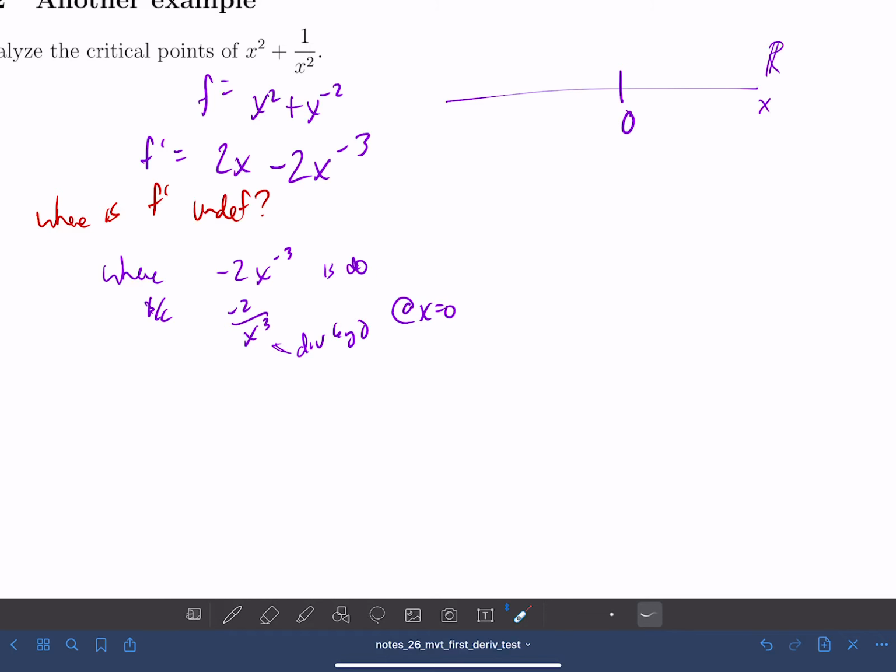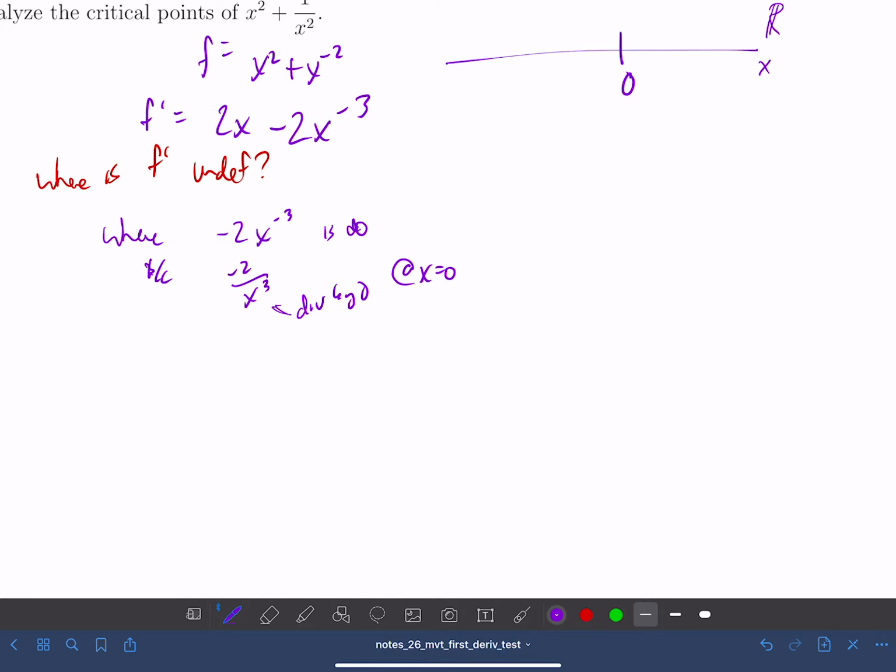Let's also ask, where is f prime equal to 0? Well, that's fine. We can go 0 equals 2x minus 2x to the minus 3. Let's cancel some 2's, and let's move that over.